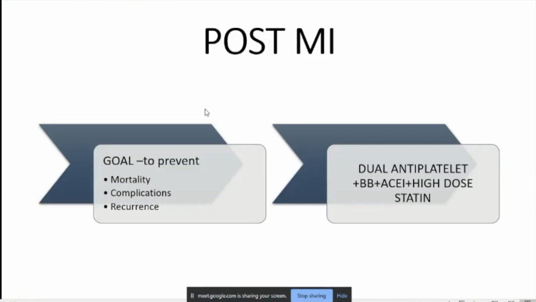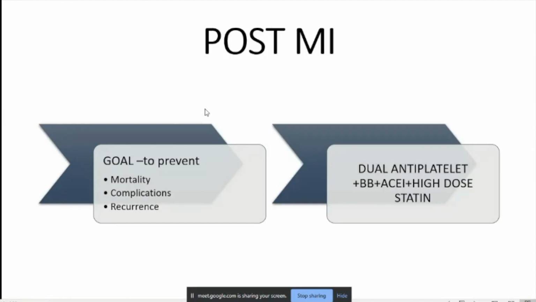If you notice here, it's actually the same way we did the treatment in angina. In angina, we give the patient high-dose statin, ACE inhibitors, and antiplatelet. The only difference here is we are giving the dual antiplatelet instead of just giving the aspirin.